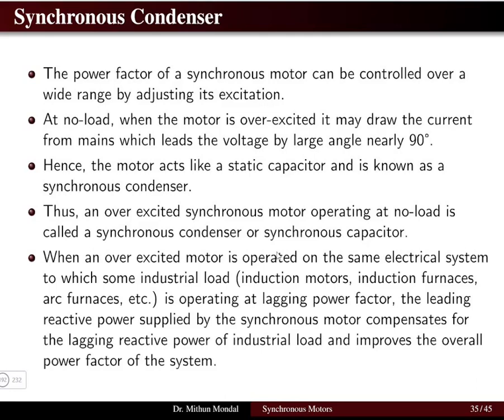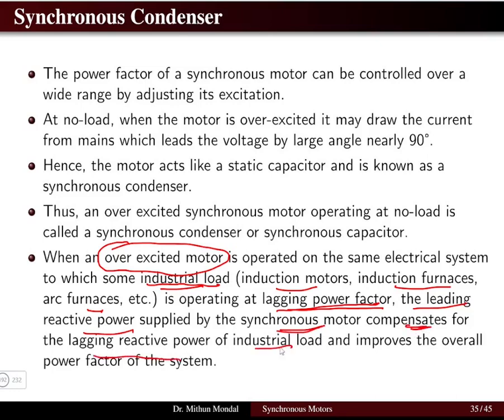Now generally, industrial loads like induction motor or induction furnace, arc furnace, etc., operate at a very lagging power factor in nature. Most of the industrial loads operate at lagging power factor. If any over-excited synchronous motor is connected to such a load, then the leading reactive power supplied by the synchronous motor will compensate the lagging reactive power of the industrial load.